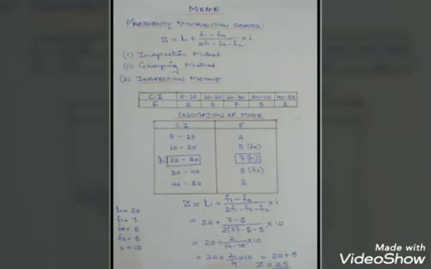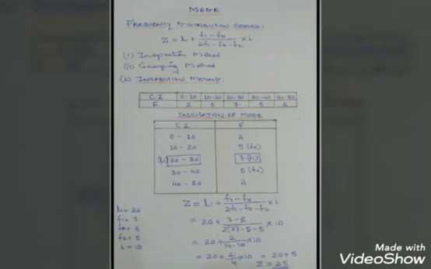L1 is the lower limit of the modal class, F1 is the frequency of the modal class, F0 is the frequency of the pre-modal class, F2 is the frequency of the next higher class, or post-modal class, and I is the size of the modal group.